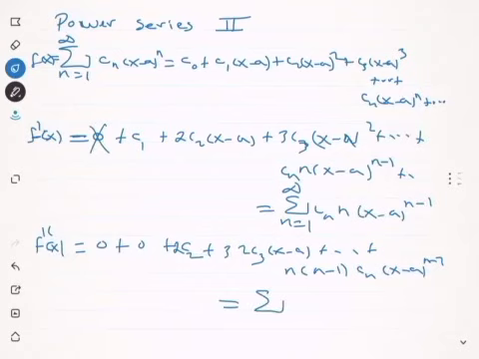And in compact form, this would be the sum as n goes from 2 to infinity, because there are two terms that are dead. You can put the cn first, and then n times n minus 1 times x minus a raised to the n minus 2. And you can kind of see the pattern there.